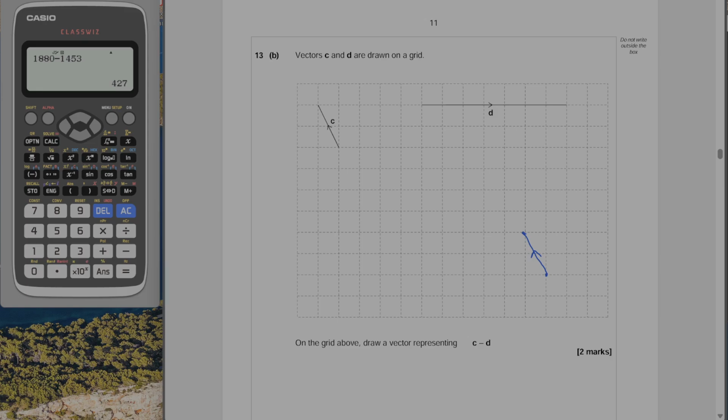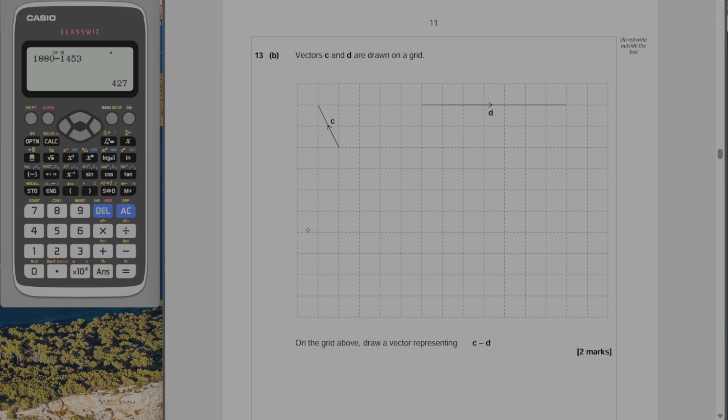And then top to tail, I've drawn that badly. Let me start here. So that would be c, and then minus d. I've done it again. So I want to go in the opposite direction. So where I started was absolutely fine.